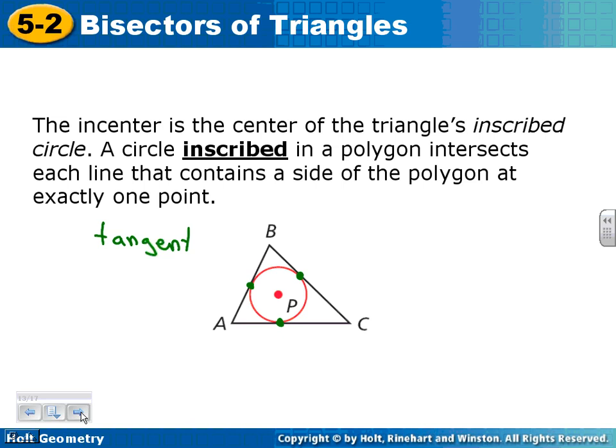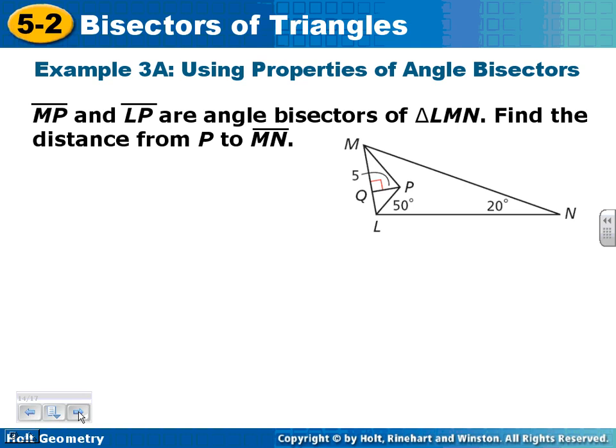All right, bear with me. I'm almost done. This one says MP and LP are angle bisectors. MP and LP. Let me highlight those in red. So this is an angle bisector, and this is an angle bisector. Find the distance from P to MN. Let's go ahead and draw that in. From P to MN would be a perpendicular like this.